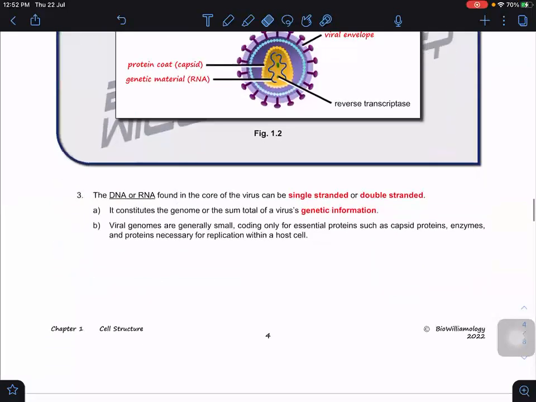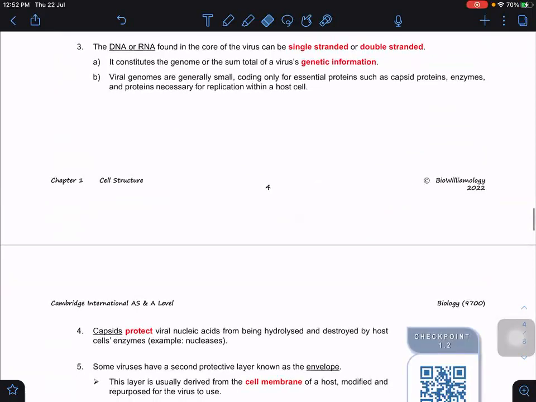So now we continue. The DNA or the RNA found in the core of the virus can be either single-stranded or double-stranded. It constitutes the genome, or the sum total of the virus's genetic information. I will tell you more about this genetic information later.